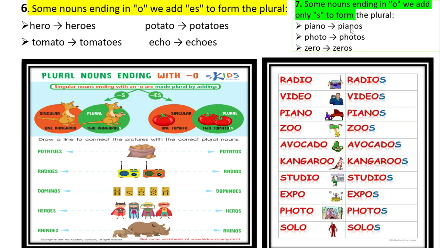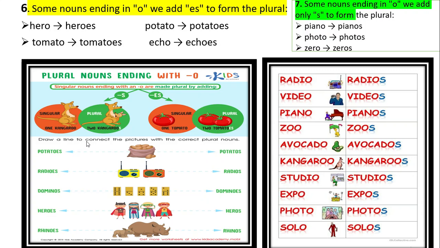Piano, pianos, photo, photos, zero, zeros, radio, radios, video, videos, kangaroo, kangaroos, studio, studios.